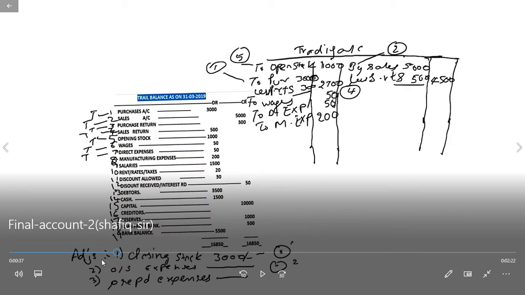So here you can see the adjustment: closing stock 3000 and outstanding expenses. For the time being I am not taking the prepaid expenses. I'm just illustrating this too. So any adjustment which is outside trial balance, when it is brought into final accounts, has to be treated twice.